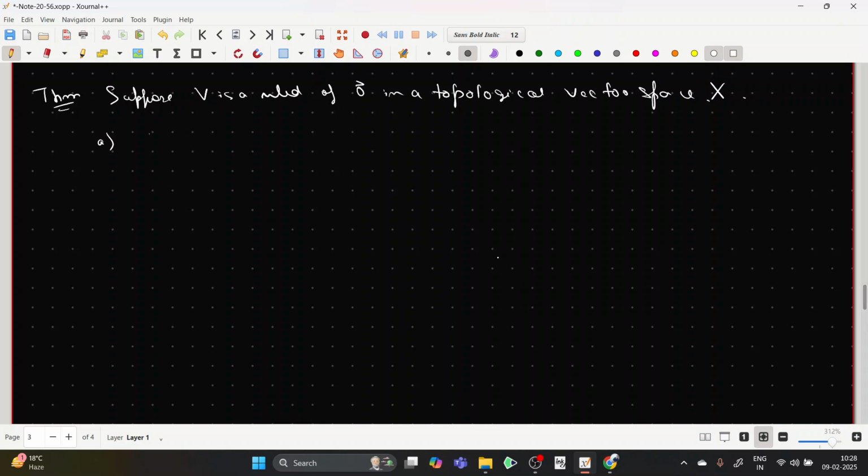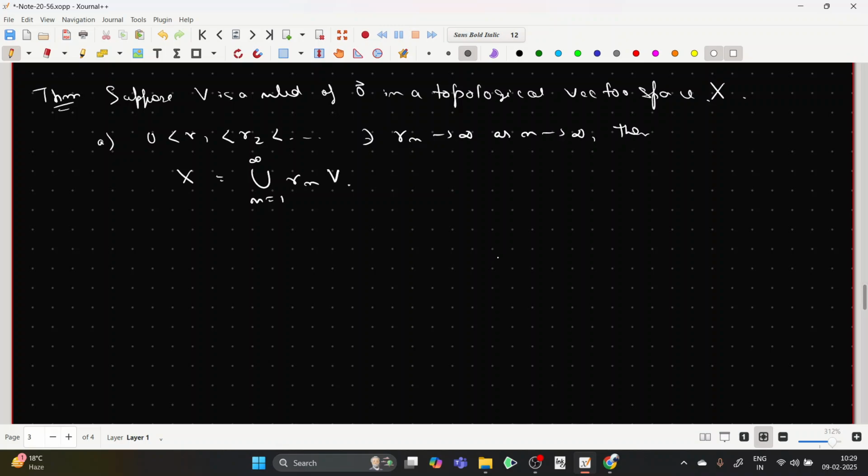Number 1, if I have a sequence 0 less than R1 less than R2, an increasing sequence such that it is unbounded, that is Rn tends to infinity as n tends to infinity, then I can cover X by scaling V through all these scalars. Then X is exactly equal to the union over n equals 1 to infinity of Rn V.